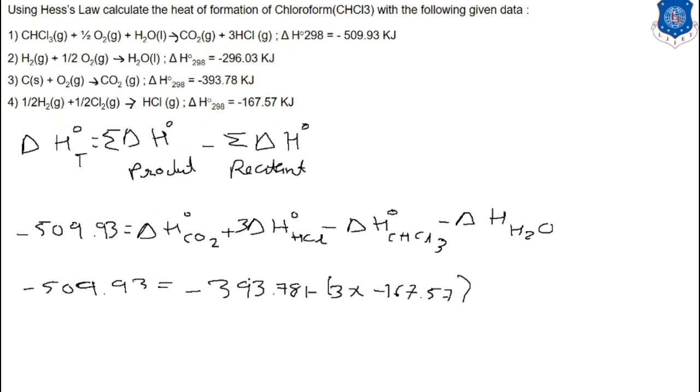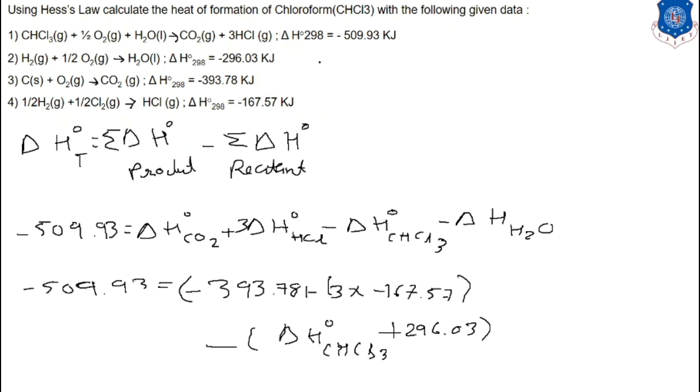So this becomes our enthalpy change for the product. Now minus the enthalpy change for the reactant, given by delta H naught of chloroform CHCl3 minus the enthalpy change of H2O, which is minus 296.03. Minus minus becomes plus, so it becomes plus 296.03.